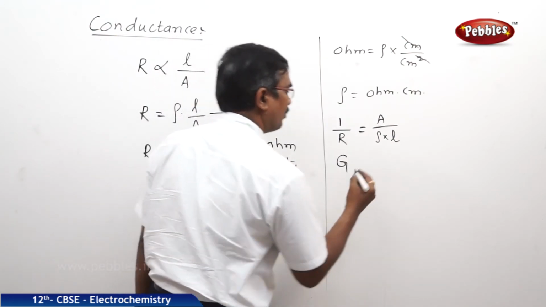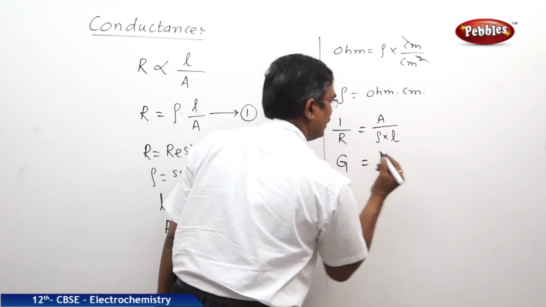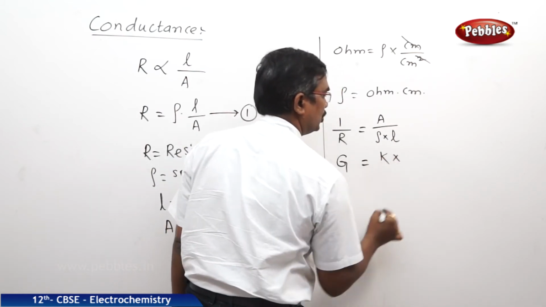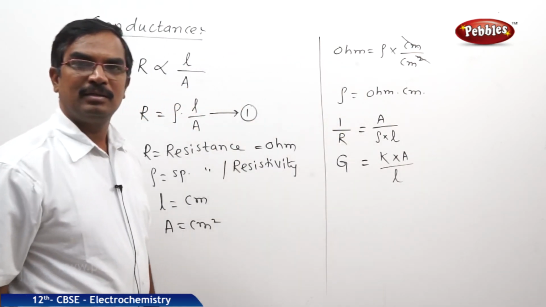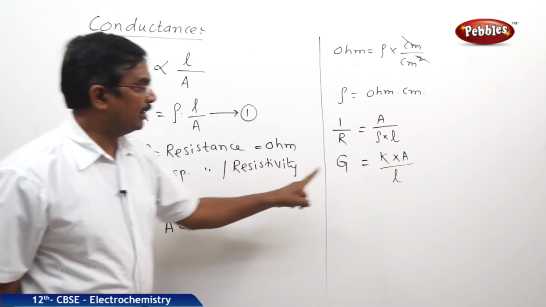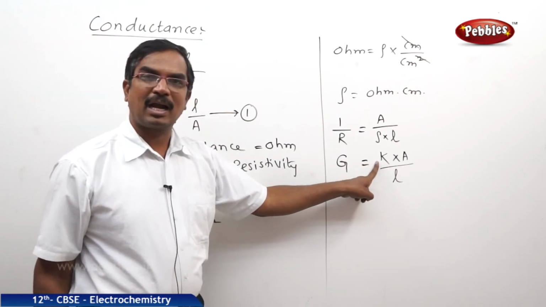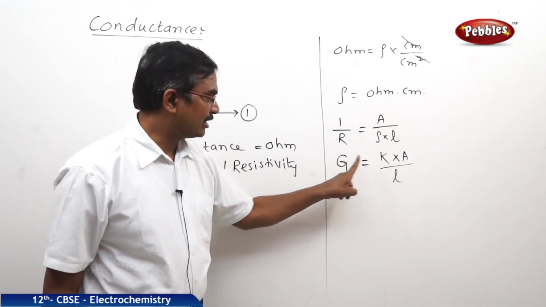So G is equal to, this particular 1 by rho is called K, so G is K into A divided by L. Rho is the resistivity, and here this K is called conductivity.